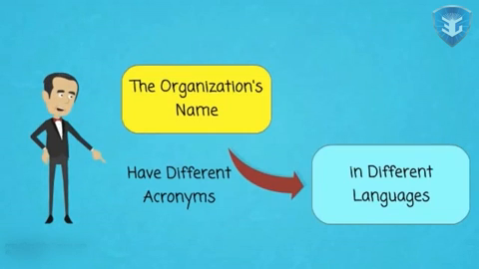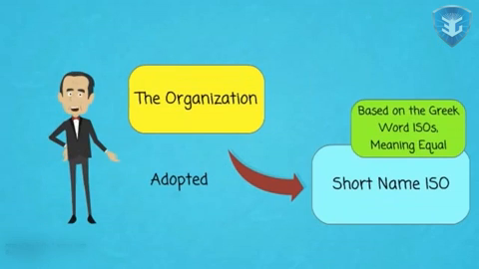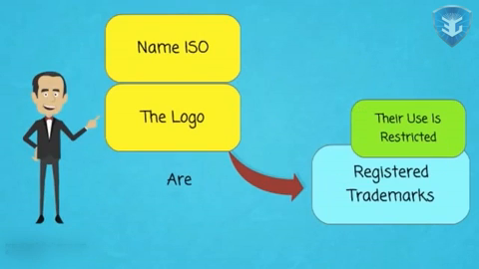The organization's name would have different acronyms in different languages: IOS in English and OIN in French. It adopted the short name, ISO, based on the Greek word meaning equal. The name ISO and the logo are both registered trademarks, and their use is restricted.